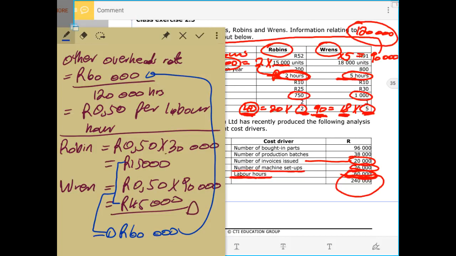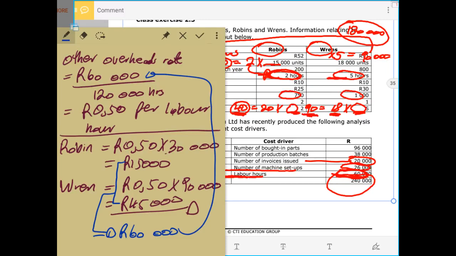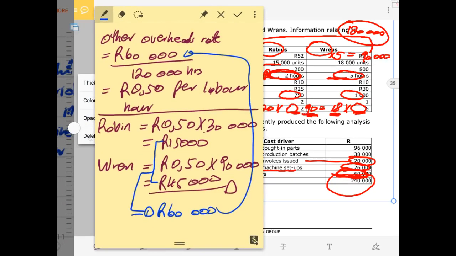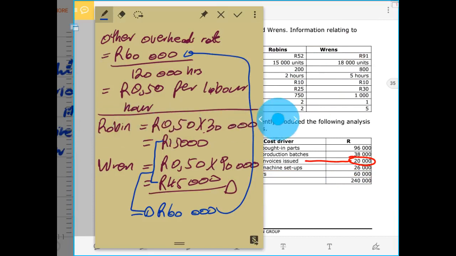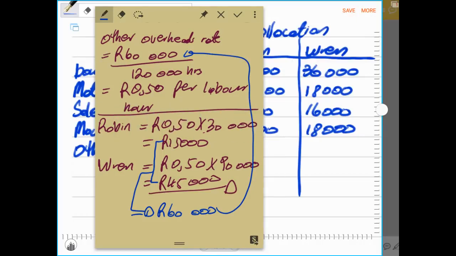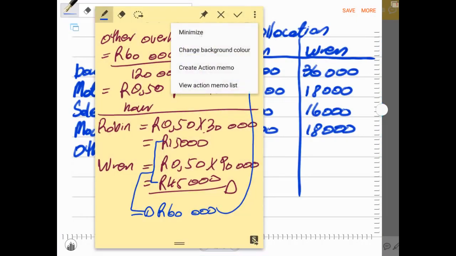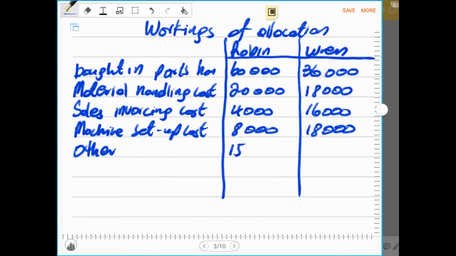So now let us allocate this overhead and record it to where we're supposed to record it: 15,000 and 45,000. So now we have allocated all these overheads in total to the two products.